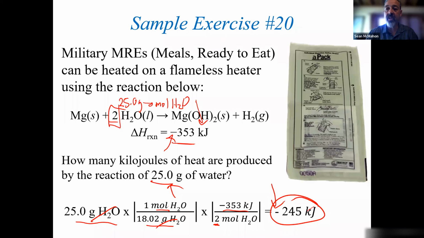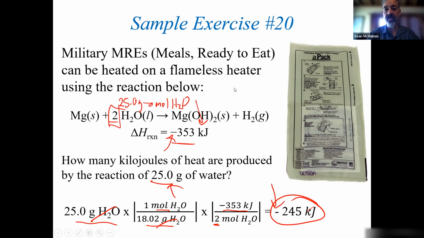And sometimes you also have 2 reactants where one gets used up first. So you do a double stoich to determine which one's the limiting reactant and which one's the theoretical yield. And then lastly, we used stoichiometry and mole ratios to do heat calculations for balanced chemical equations as well.